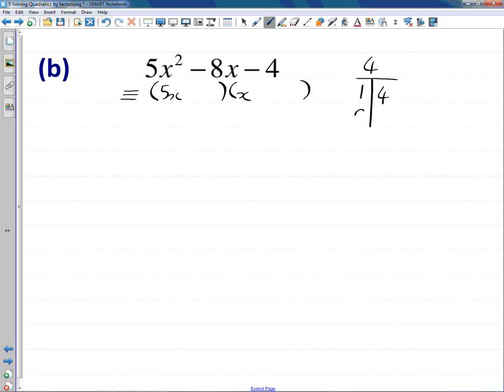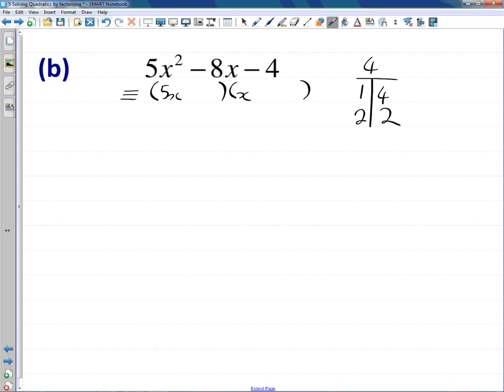We've got 1 and 4, 2 and 2 as our possibilities. But now what you've got to bear in mind when we are thinking how we're going to get an 8 is one of these numbers is going to get times by 5. So we don't view that as a 1 and 4. We either view it as a 5 and 4 or a 1 and 20.